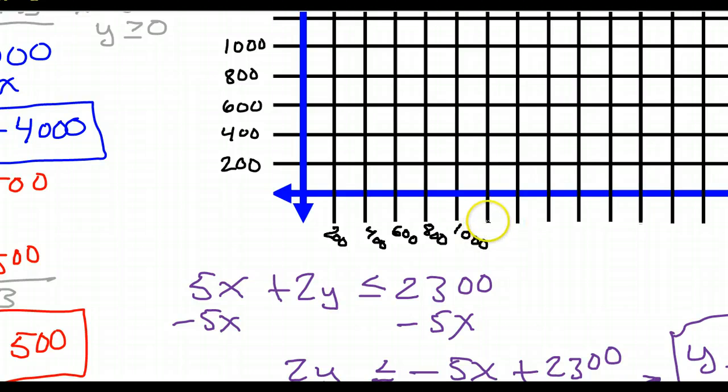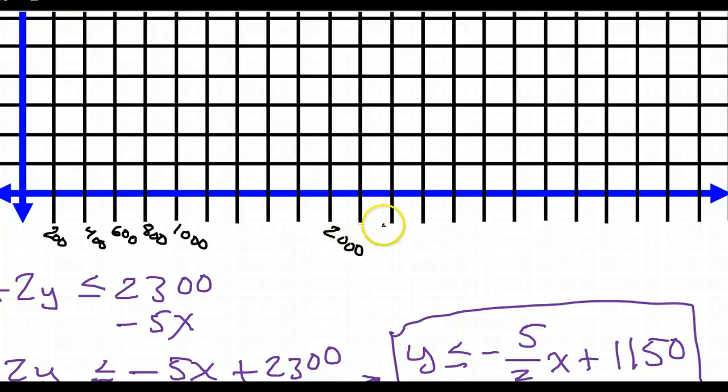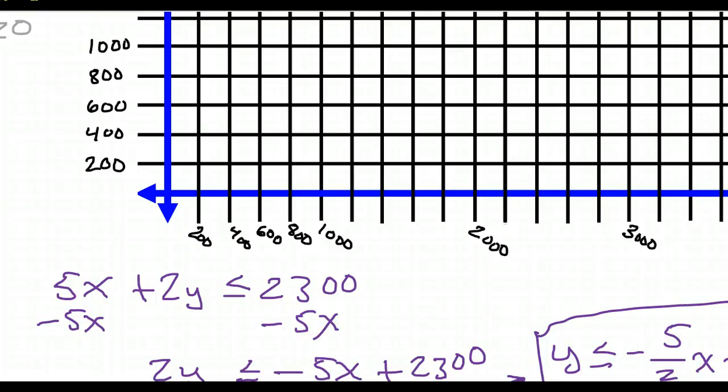So this is 1,000, 200, 400, 600, 800, 2,000, 200, 400, 600, 800, 3,000, 200, 400, 600, 800, 4,000. All right, I can put other numbers in as needed, but that gets us started off.